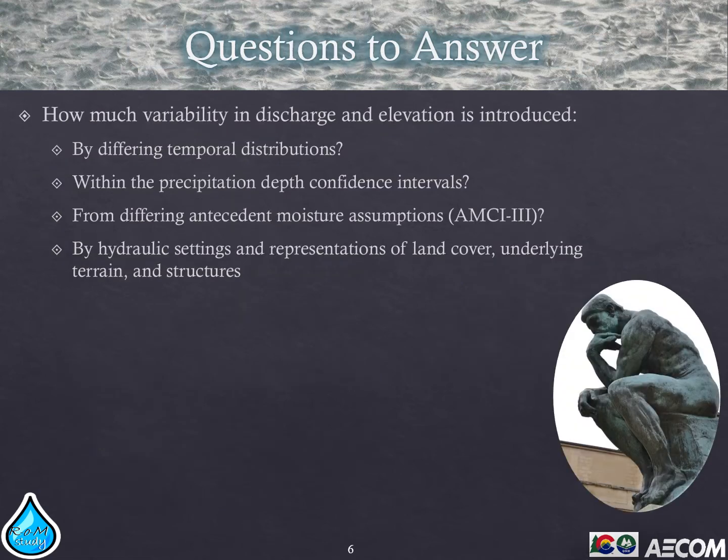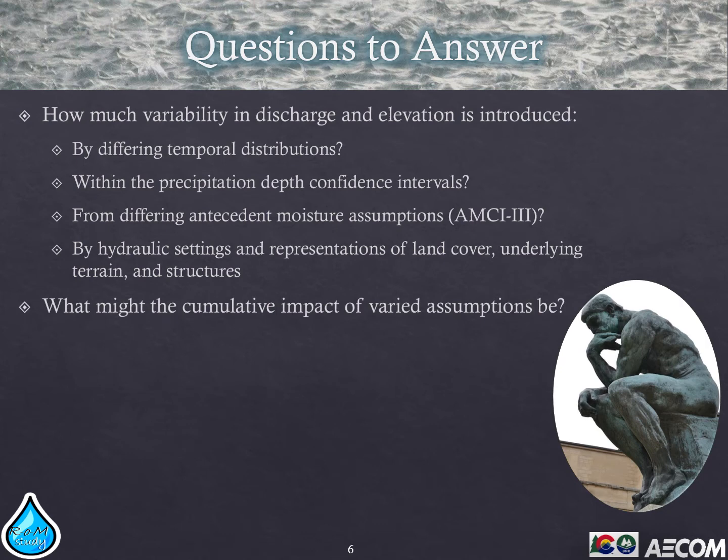In terms of specific questions that we wanted to answer, these are a bit more technical in nature. We wanted to understand how much variability, to what degree do we see fluctuation in discharge and elevation when we change differing temporal distributions, or when we change the applied precipitation depth within the confidence intervals, or the antecedent moisture conditions which affect the loss calculations and runoff, or when we change the hydraulic settings in the model, or the mesh, or its structures, and etc. And then the next question is, what's the cumulative impact if you vary all of these different assumptions?